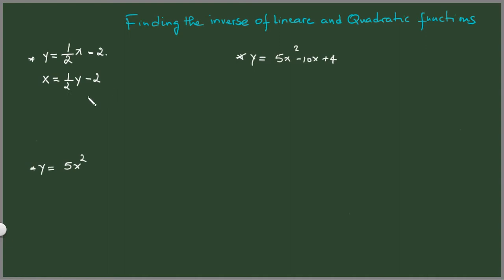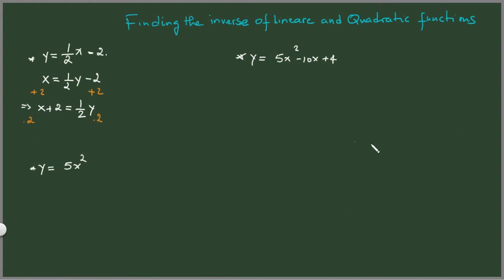On both sides we can add 2, which gives us x plus 2 equals 1/2 of y. Then we can multiply by 2 on both sides.